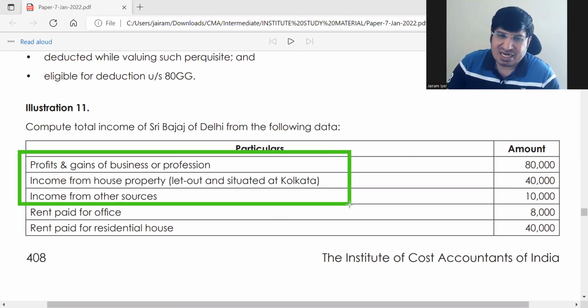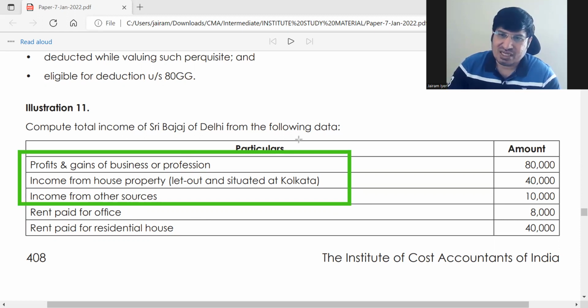While calculating adjusted GTI, you don't have long-term capital gains or short-term capital gains under section 111. Is there any other section 80 deduction among these five items? No, that is also not there.